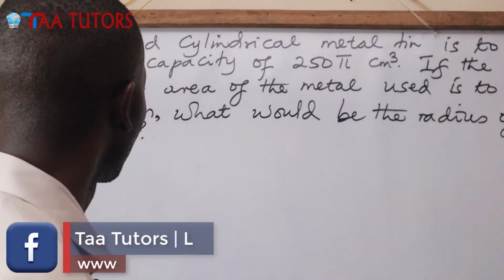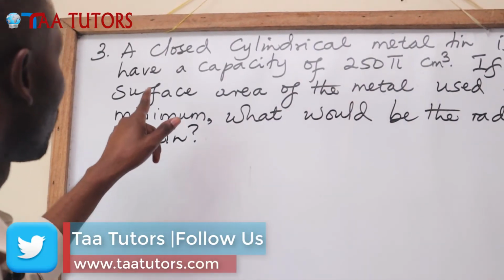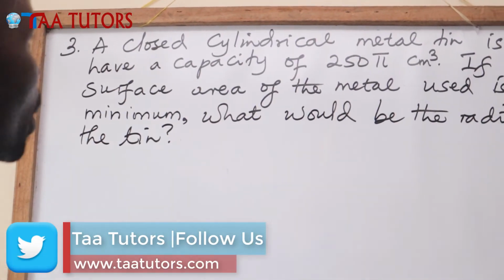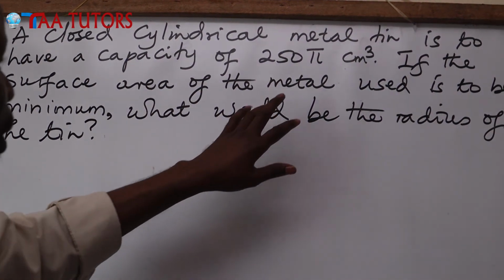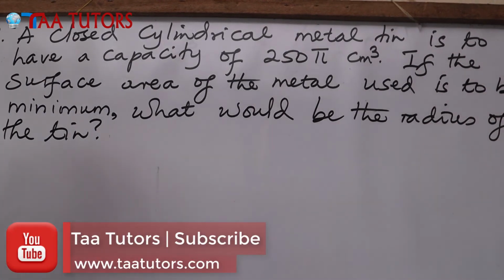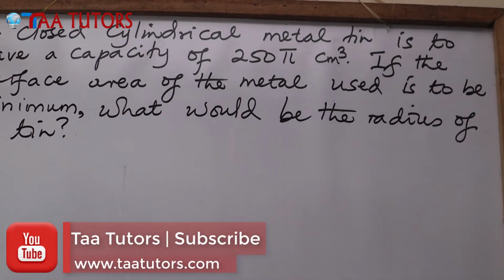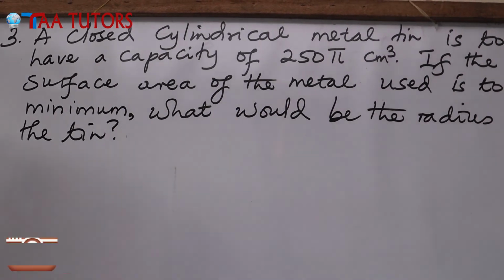Okay, we have example 3 here, which is our last example for this particular chapter. The question says a closed cylindrical metal tin is to have a capacity of 250 pi centimeters cubed. If the surface area of the metal tin is to be minimum, what would be the radius of the tin? So we know what a cylinder is.